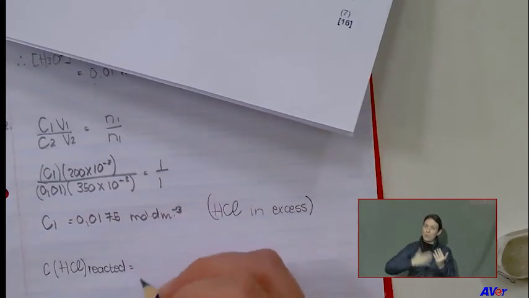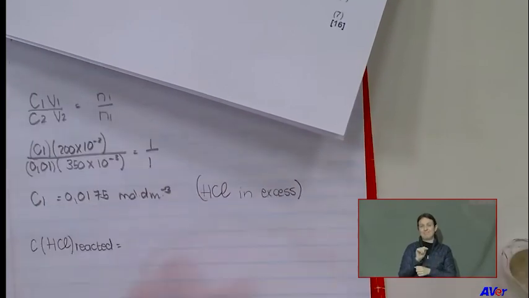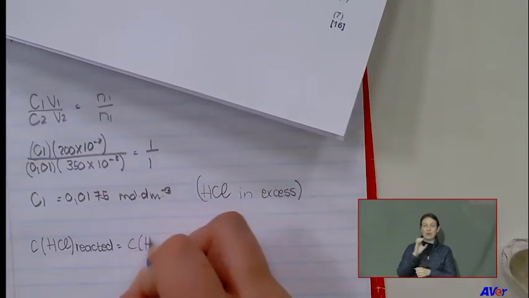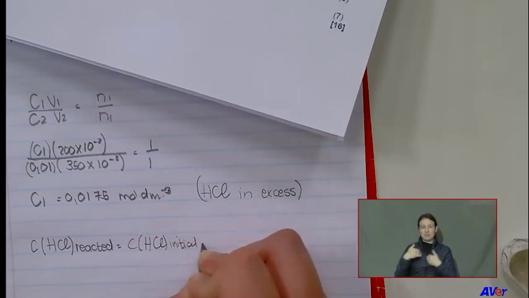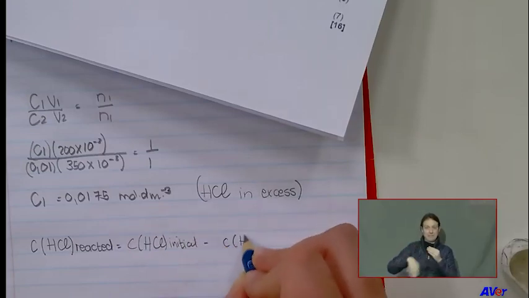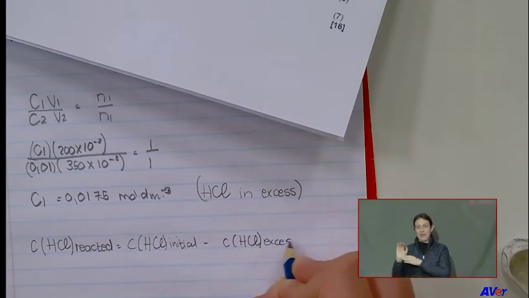And that is going to be the concentration of the hydrochloric acid initially minus the concentration of the hydrochloric acid, which is in excess, which was left.